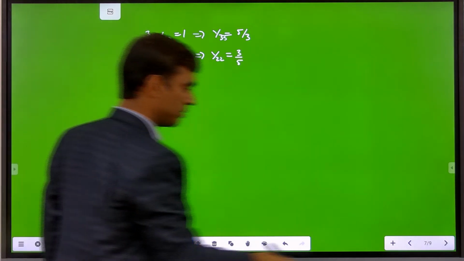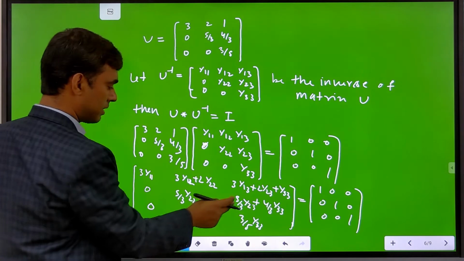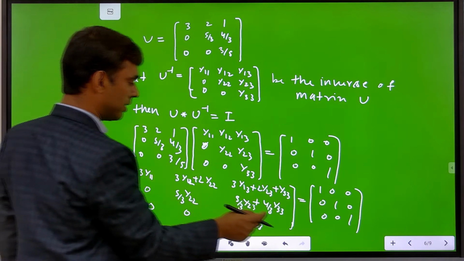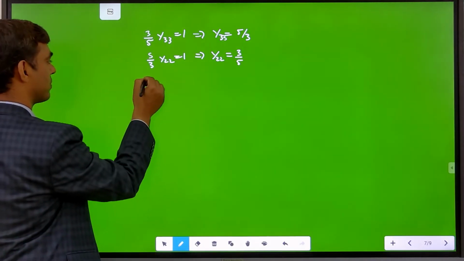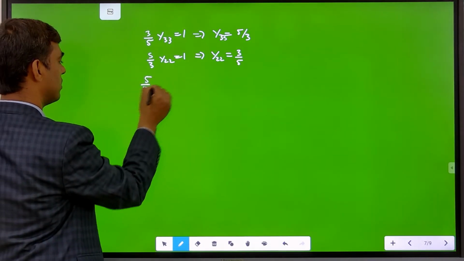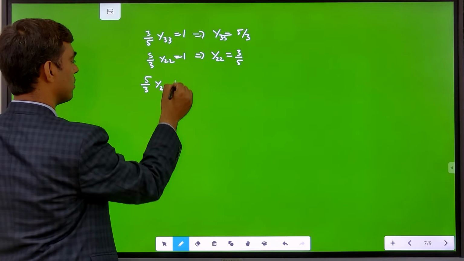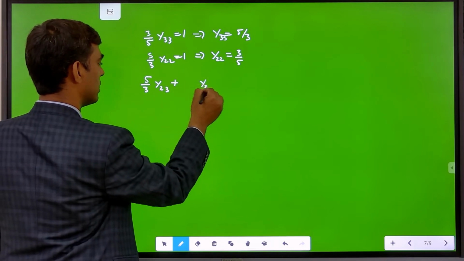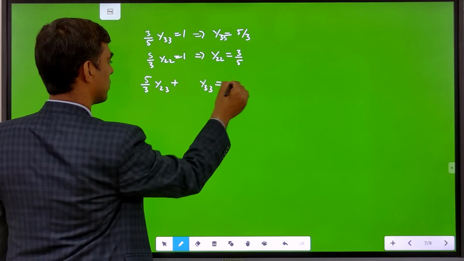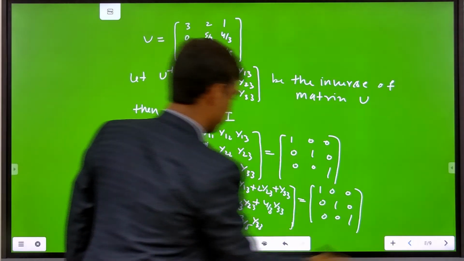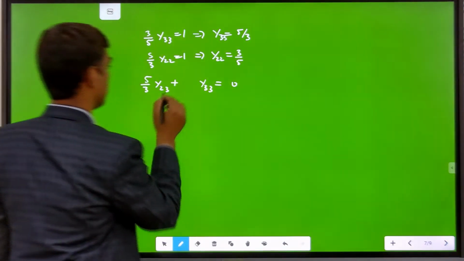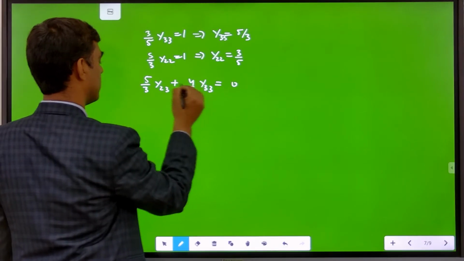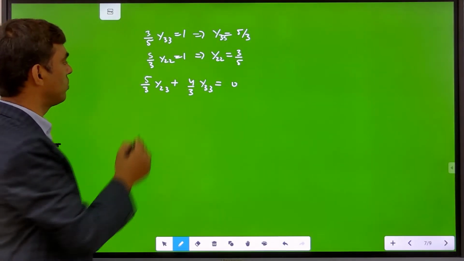Now we compare the third element: 5/3 y23 plus 4/3 y33 equals 0. How do we find the value of y23?